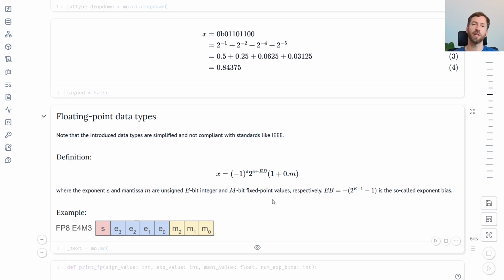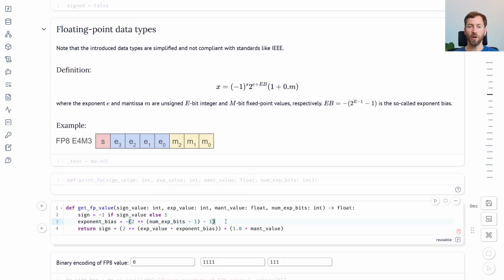And this is of course very impractical, and this is why the so-called exponent bias was introduced. The exponent bias is defined as the max value of an integer, and this integer has 1 bit less than the exponent. So 1 bit less than the exponent, then it's 2 to the power of that, minus 1, to get the max value of this integer with 3 bits.